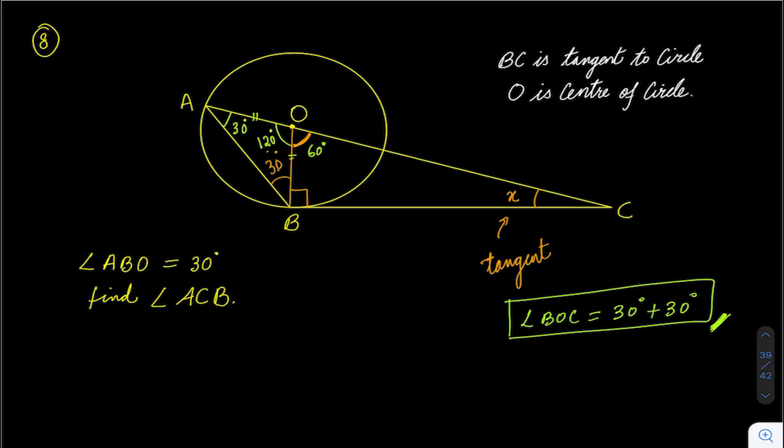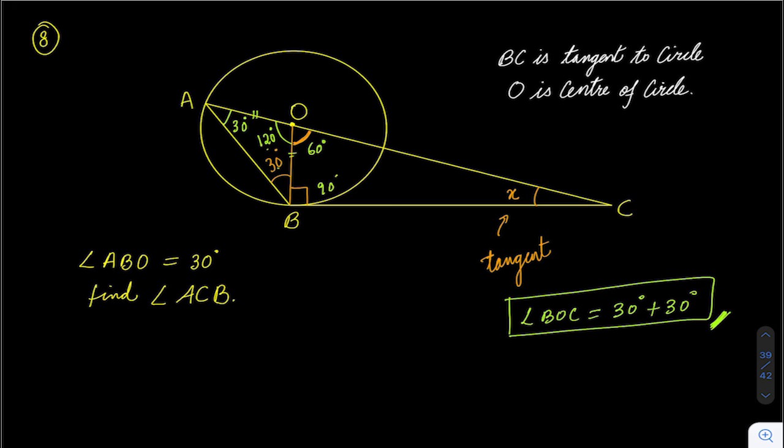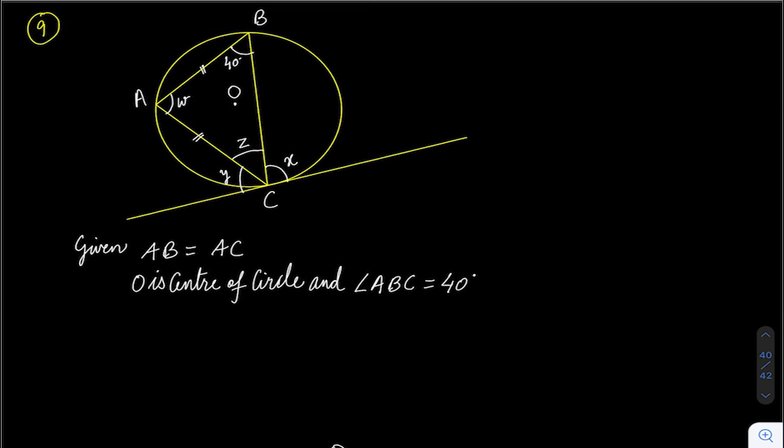So angle BOC is 60, angle B is 90. So what is this angle X? 90 and 60 is 150. So this should be 30 degrees. So that is my answer. So angle ACB is 30 degrees. Okay, let's move forward.